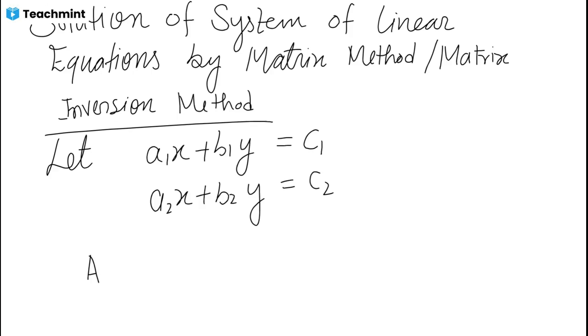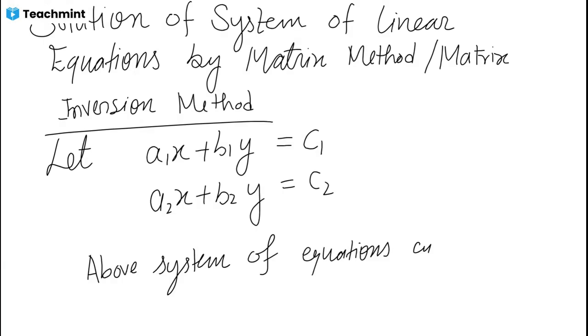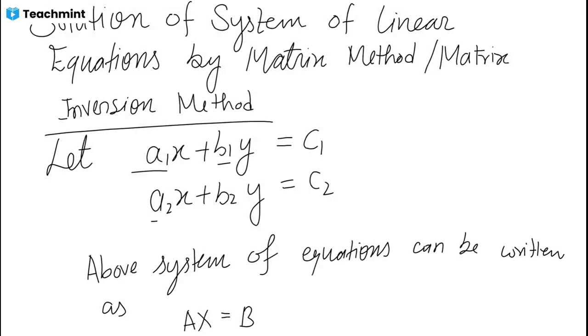Then the above system of equations can be written as AX is equal to B, where we write this system in the form of matrices. Here A is the coefficient matrix of x and y, meaning the values a1, b1, a2, b2 which we have along with x and y.